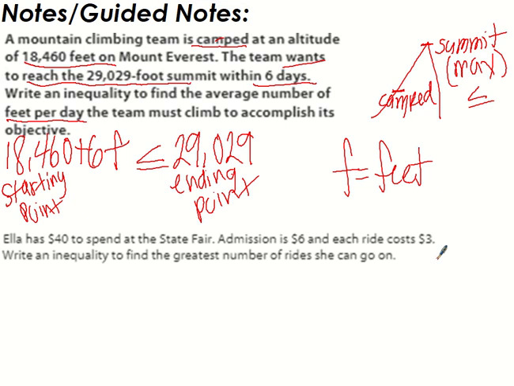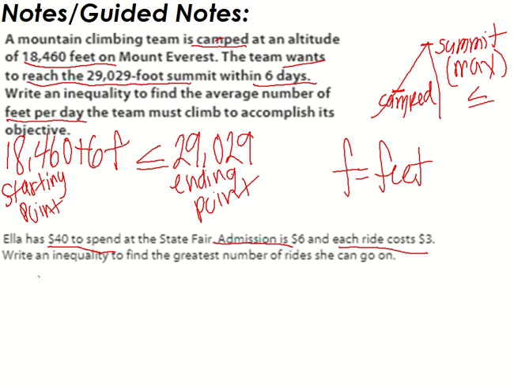All right, so Ella has $40 to spend at the state fair. Admission is $6, and each ride costs $3. Write an inequality to find the greatest number of rides she can go on. So she has $40 to spend. She cannot spend more than $40.